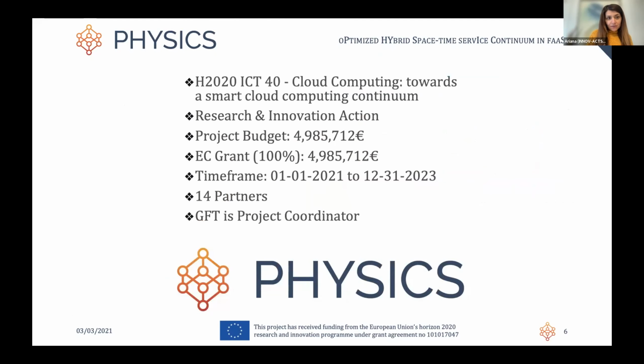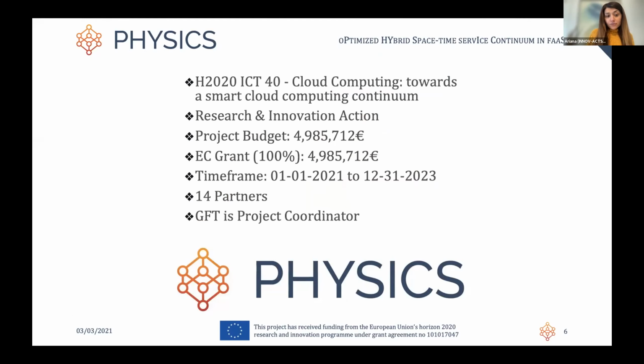Very briefly, the PHYSICS project is part of the Horizon 2020 ICT-40 call, which is on cloud computing towards a smart cloud computing continuum. Our project budget is around 5 million, and we have a time frame of 3 years to complete our goals.